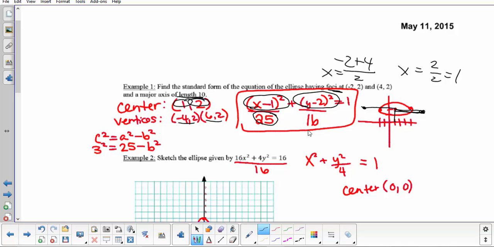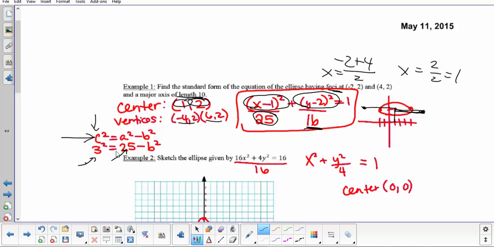Now, to find the value that goes here where the 16 is, we have to use this equation here: c squared equals a squared minus b squared. c represents the distance from the center to either one of the foci. So from the center to the foci is 3 units, so we put 3 squared there. a squared is the bigger one, so that's 25, minus b squared.